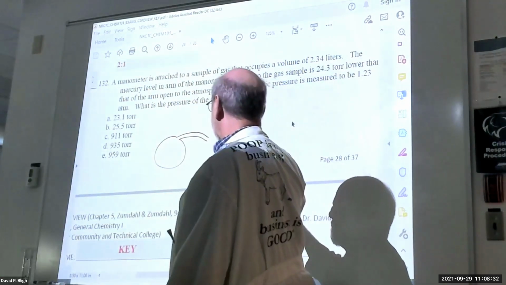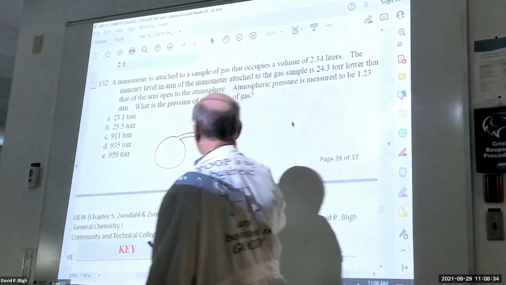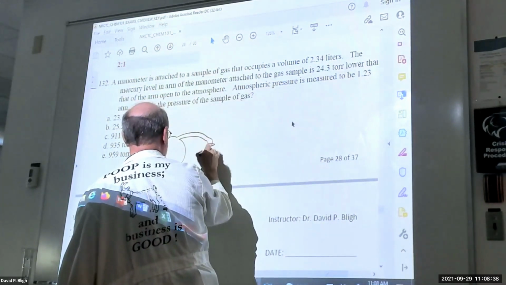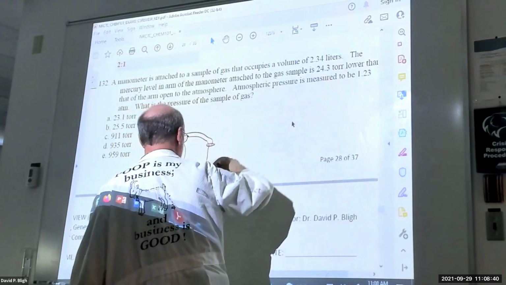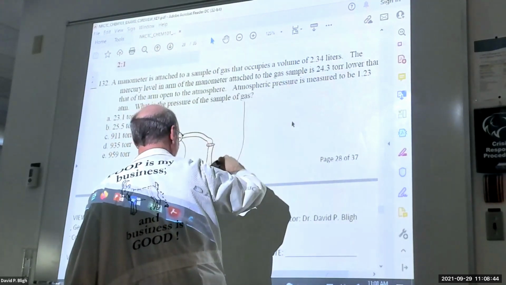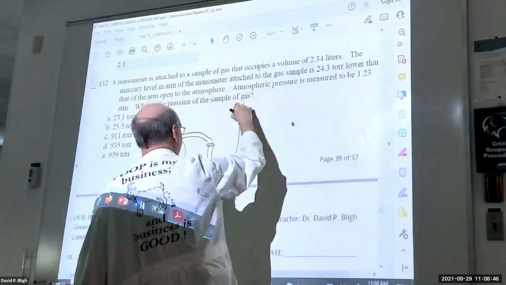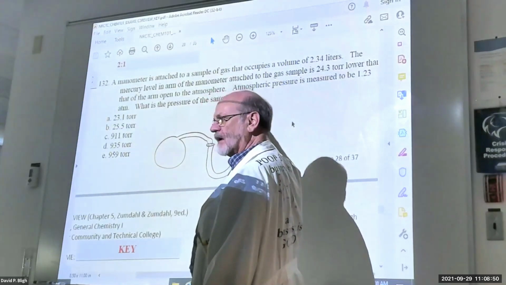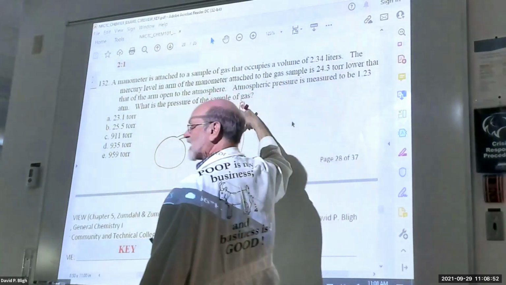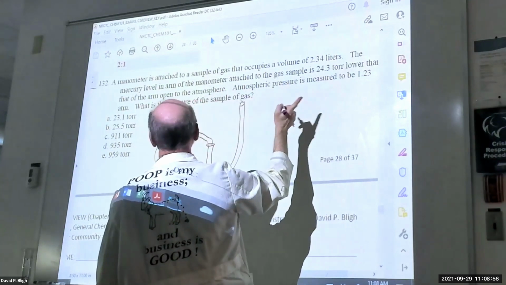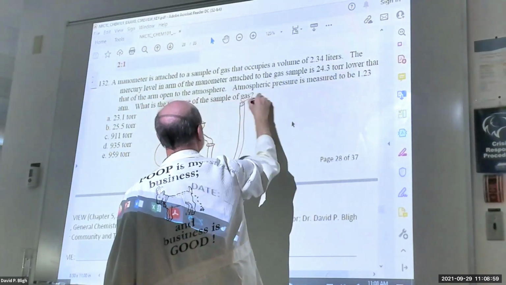And in this case, the manometer is open to the atmosphere. It's not a vacuum in here. So atmospheric pressure is 1.23 atmospheres.